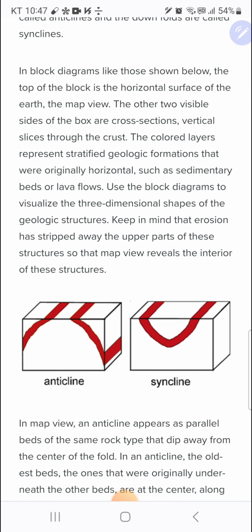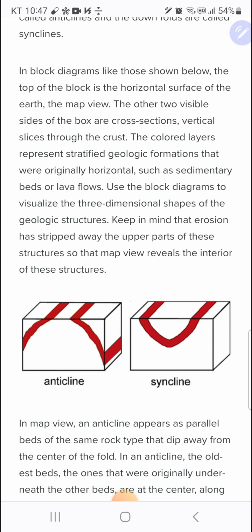The colored layers represent stratified geologic formations that were originally horizontal, such as sedimentary beds or lava flows.